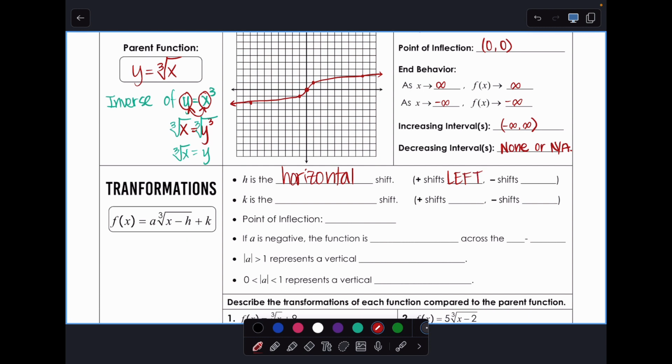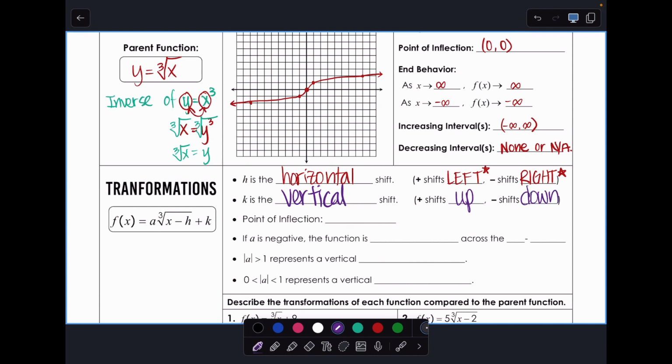Okay? Negative means we're shifting to the right. Okay? Be careful with these two. And then K is the vertical shift. Okay, so positive means up, negative means down.